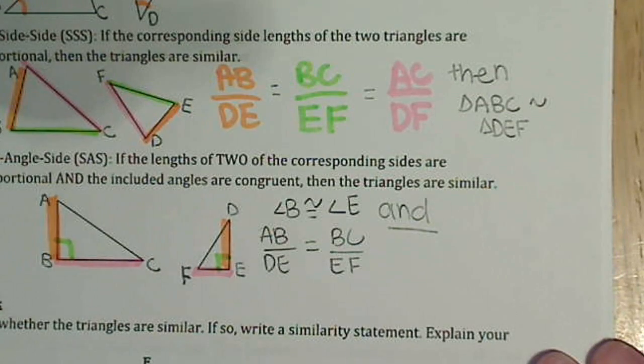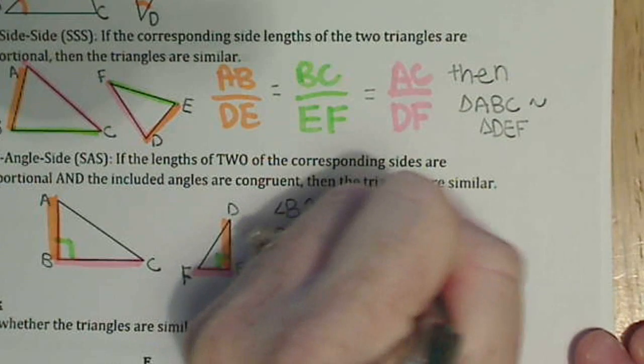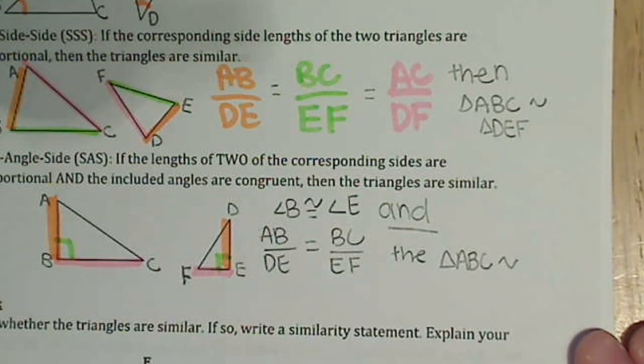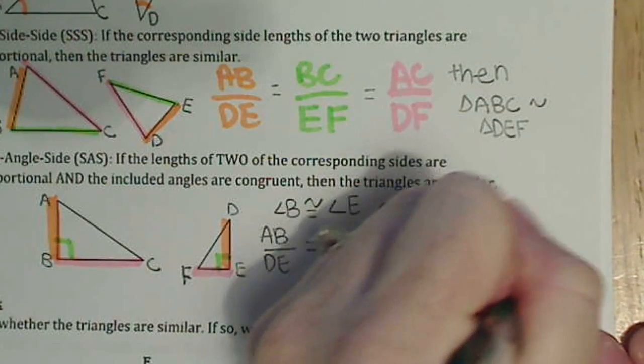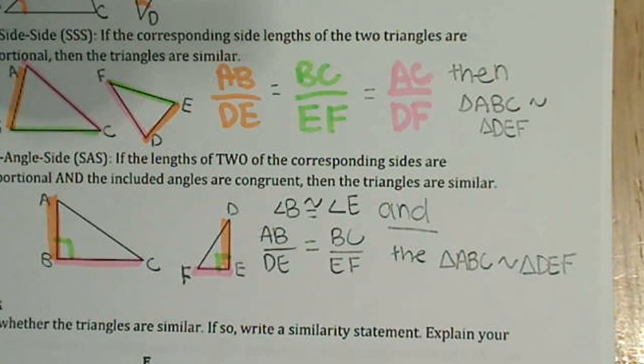If that is true, then triangle ABC is similar to triangle DEF. Okay? We're going to use these three theorems in this lesson to not only prove that triangles are similar, but to be able to solve different triangles.